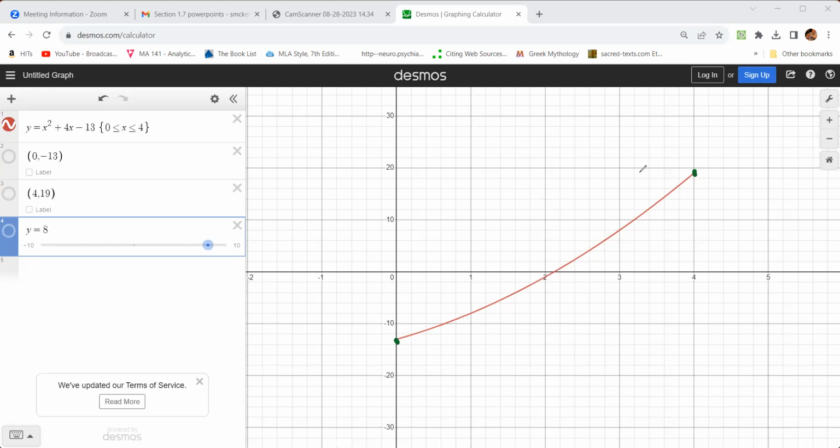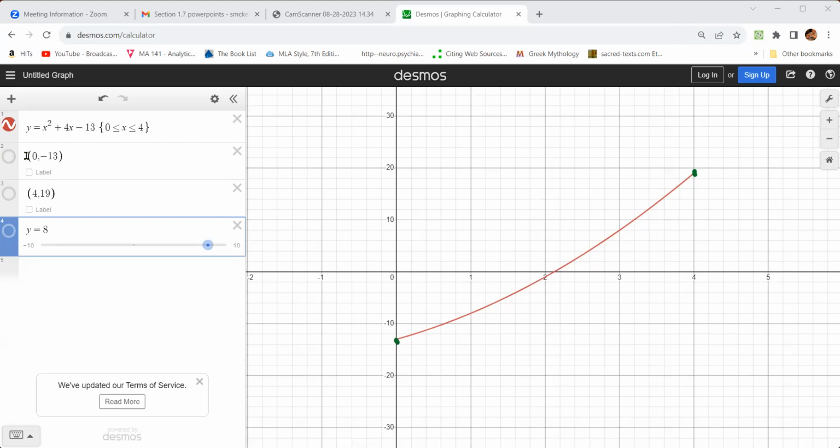So what I did was, and I did this in my head, but you're welcome to do this with a calculator, I calculated what the y value is. So I evaluated f of 0 and got negative 13, right?